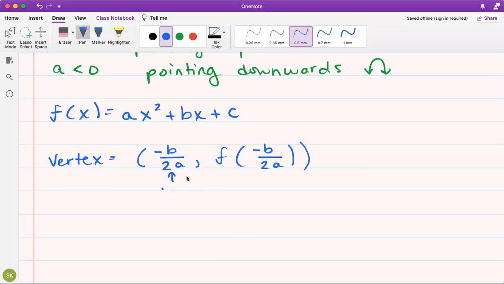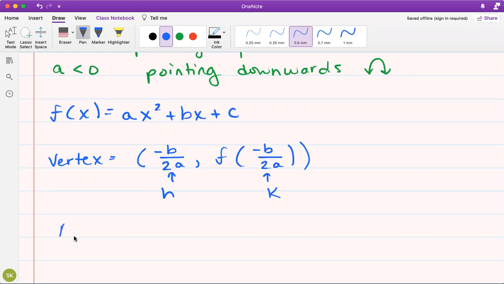So for the h value of the vertex, you're going to take this number in front of the x, multiply it by negative, and divide by 2 times this number in the front. And then to find the k value of the vertex, you're going to take that number you found here and just plug it into this equation. And then you'll find the k.